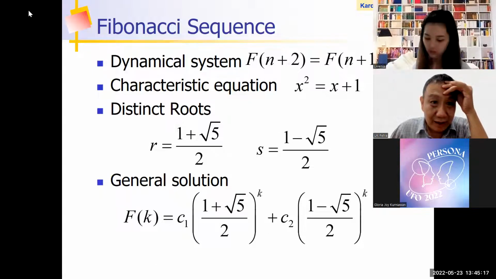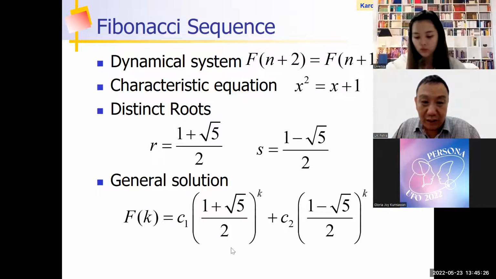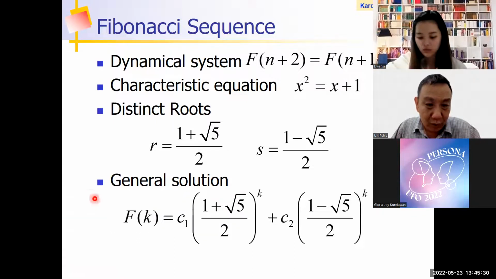Because we know the distinct roots, we know the general solution, which of course consists of C1 and C2, right?